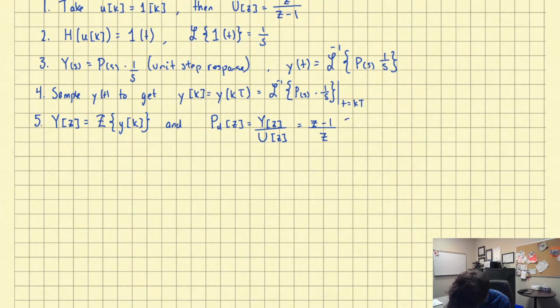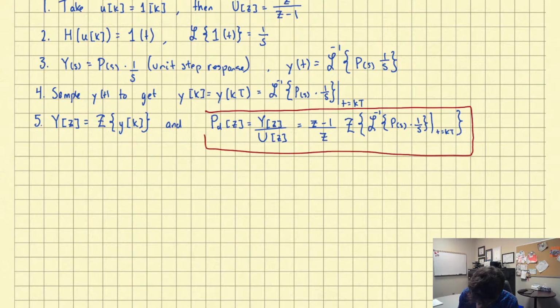It's going to be the z transform of the Laplace inverse of p of s times 1 over s, where we've sampled that step response. Okay, and that's our formula.